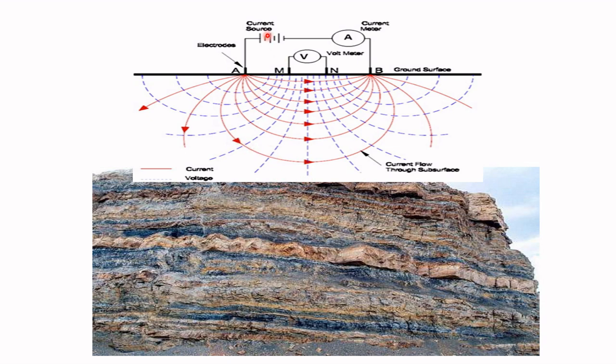That means when the source is near, you have a higher current passage and higher activity in the atoms or ions. But when the electrodes go far away from the source, the excitation will decrease.